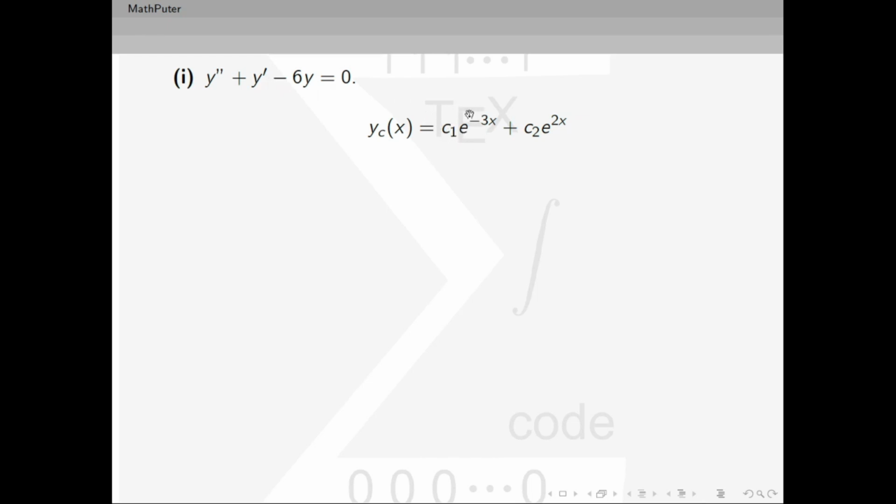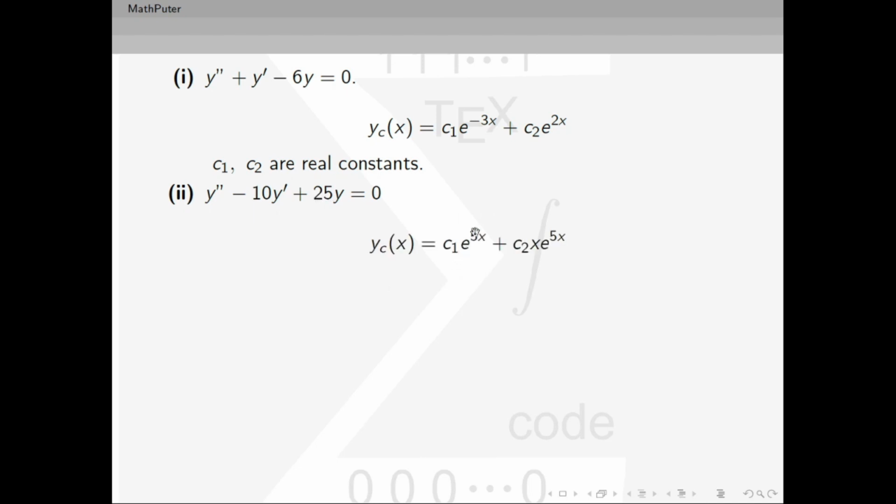So the solution is c1 e raised to minus 3x plus c2 e raised to 2x. The second example was y double dash minus 10y dash plus 25y. We have already discussed that it has equal roots 5 and 5. So for equal roots, we apply case number 2. It will be c1 e raised to 5x plus c2 x e raised to 5x. If you want, you can take e raised to 5x common.